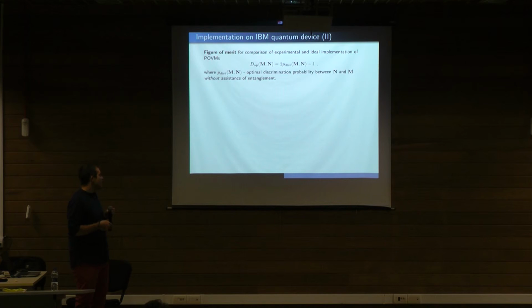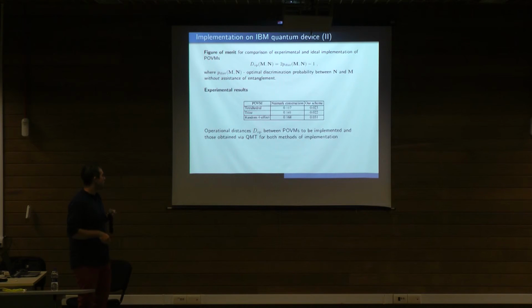Then what we did, we took some figure of merit to compare the results of the experiments with ideal measurements. We have some measurements that we implement experimentally, we do some tomography on them, and then we compare what we got with the theoretical measurements we wanted to implement.